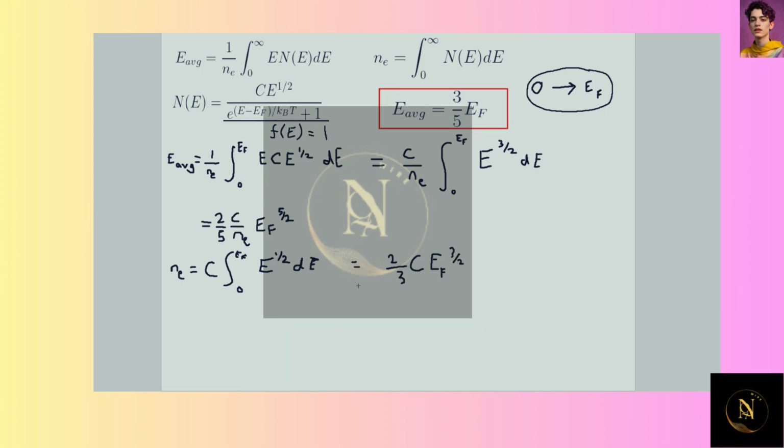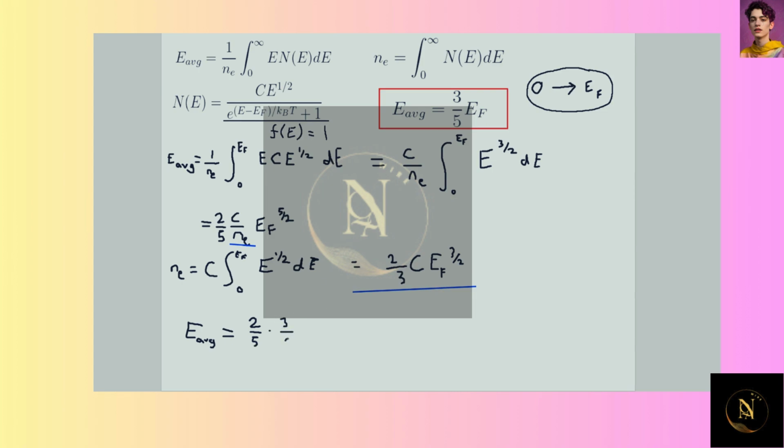So now what we want to do is substitute this expression for N e into the expression for our average kinetic energy to get it into the form that we need. So E average will be equal to 2/5 divided by 2/3, so that is multiplied by 3 over 2.